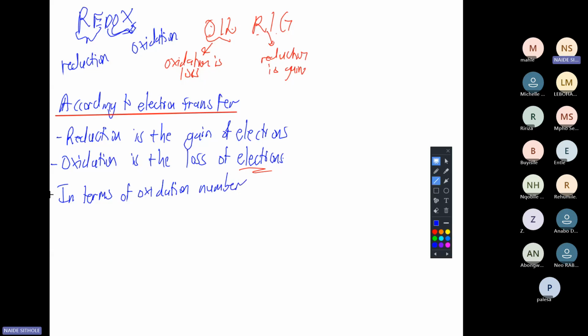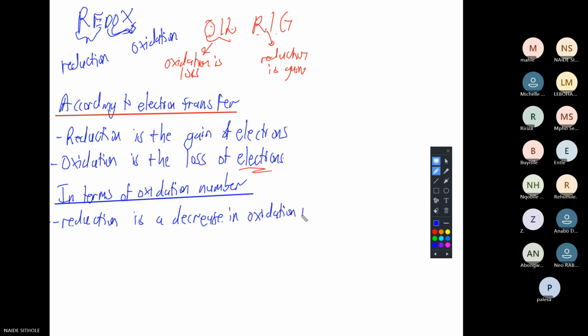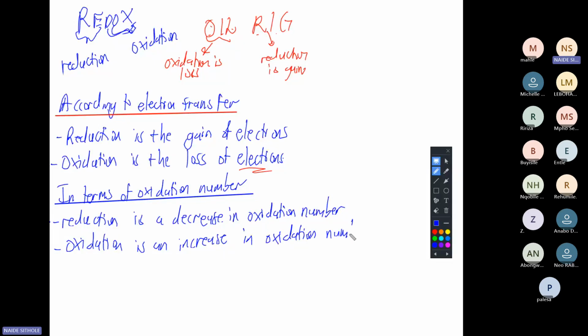If they say in terms of oxidation number, then this is how you should define it: reduction is a decrease in oxidation number, and oxidation is an increase in oxidation number.